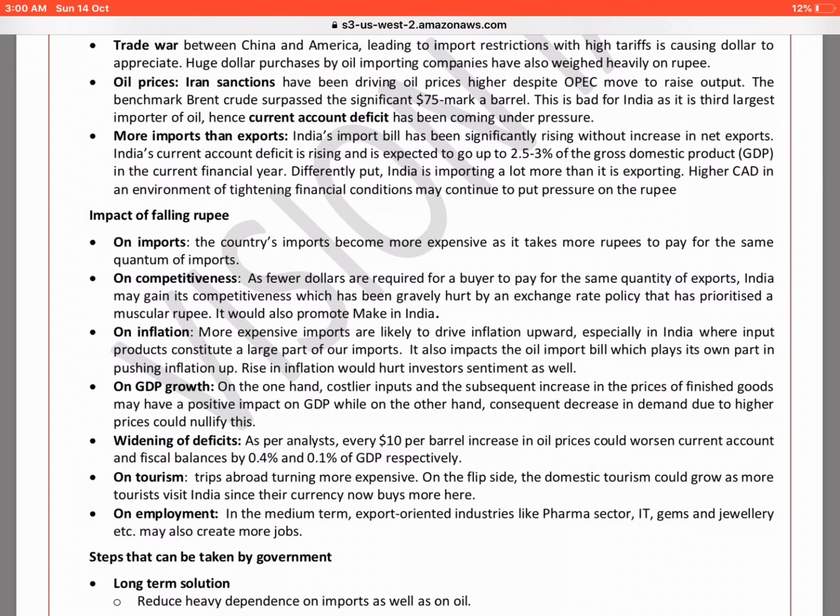And 90% of this 3.3% of the GDP has already been achieved. By the end of August 2018, we have already reached 90% of 3.3%. That is our current account deficit. So it will be a huge pressure on India, and on our current account deficit.